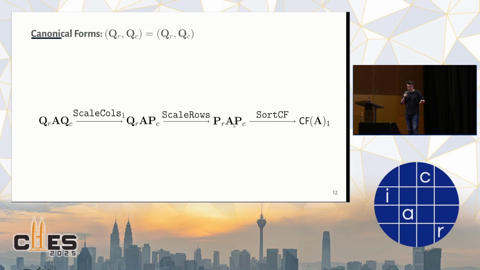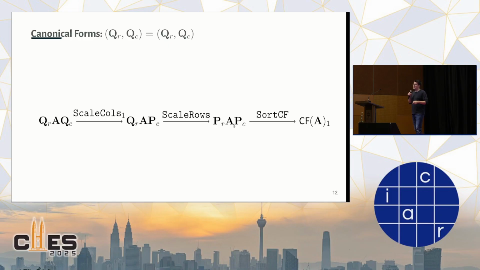To fully describe the algorithm once on one slide, we start with our scaled version here on the left side. We first scale each column by the first row. This normalizes, or I say cancels out. It's not canceling directly, but somehow normalizing the scaling on the columns. Next, we normalize the rows, which removes the scaling on the rows.